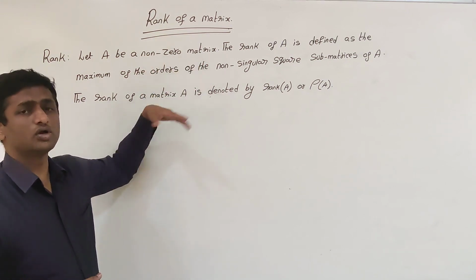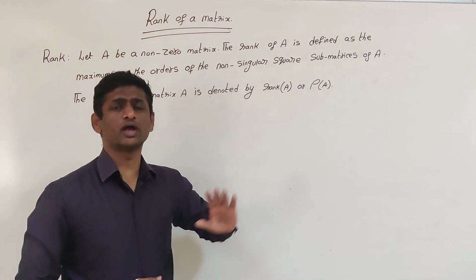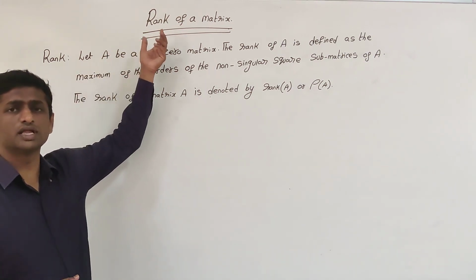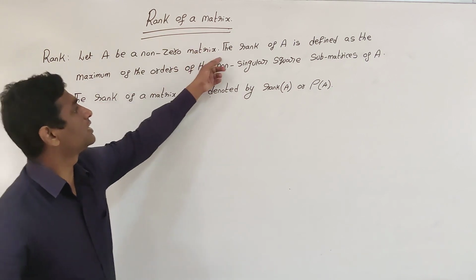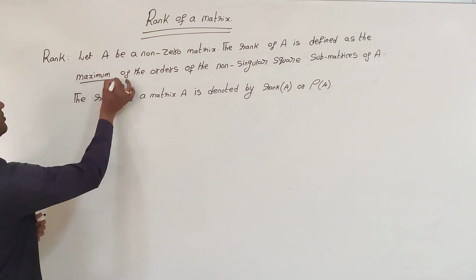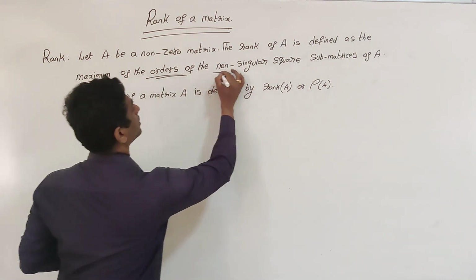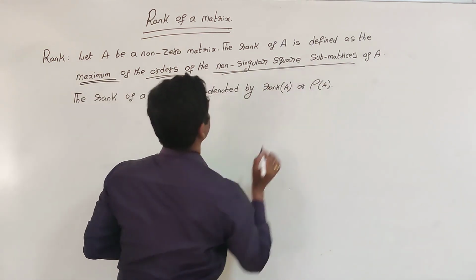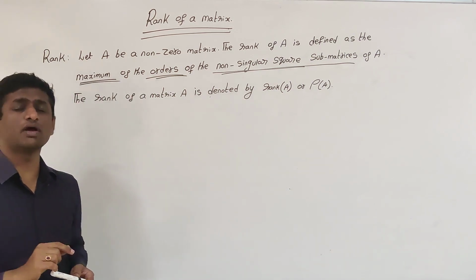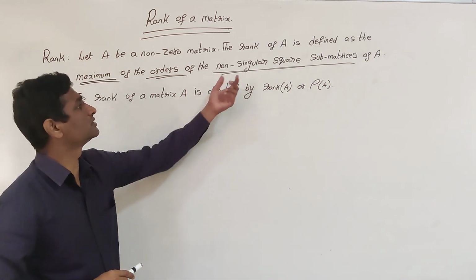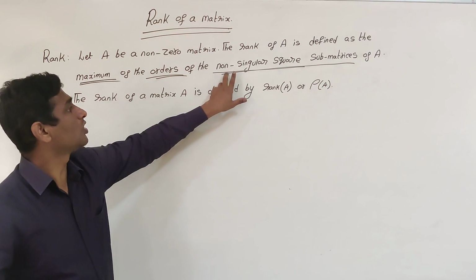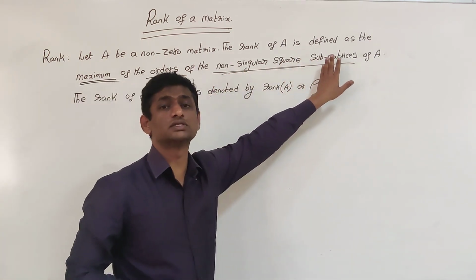It may be a square matrix or a rectangular matrix, so in general we consider a rectangular matrix. The rank of A is defined as the maximum of the orders of non-singular square submatrices of A. What do we mean by non-singular? If the determinant of a square matrix is not equal to 0, then that submatrix is called non-singular.